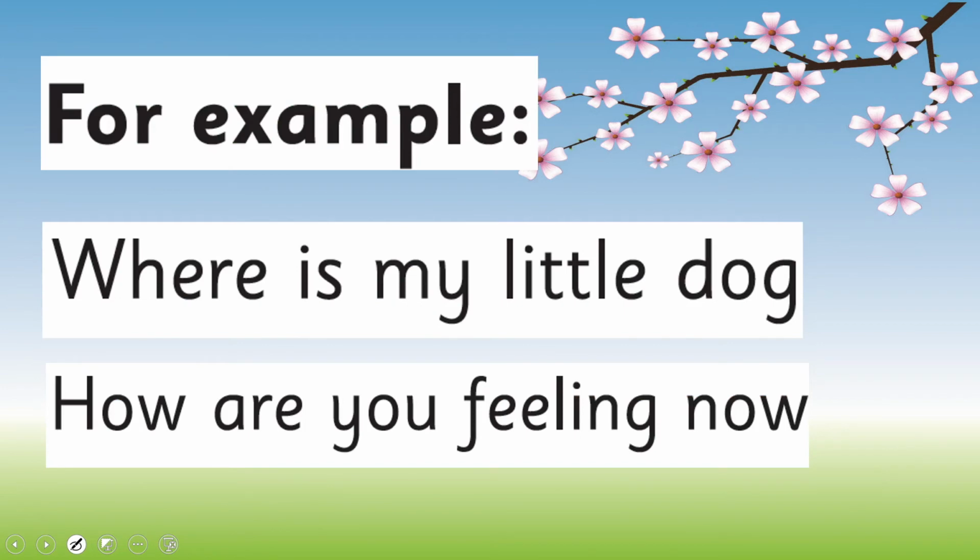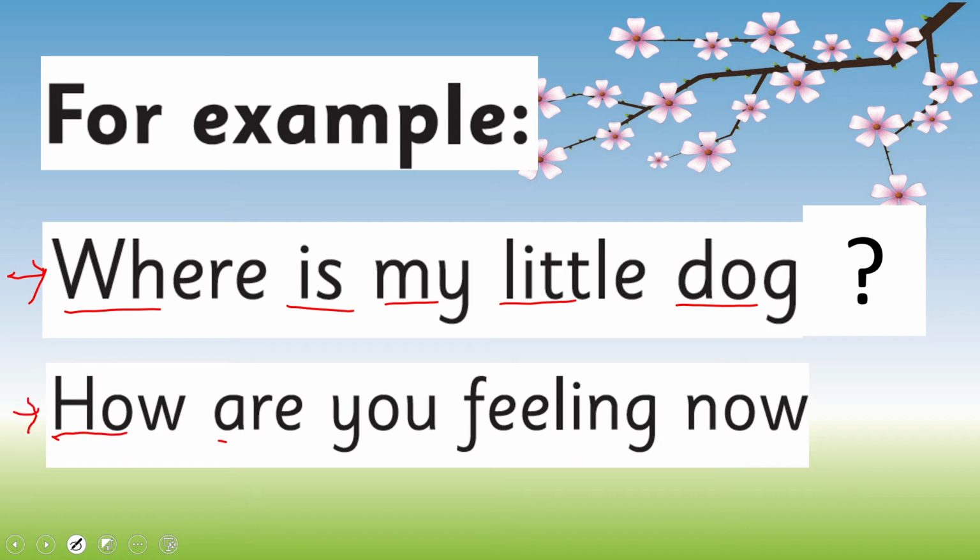So, here examples are given. Where is my little dog? Okay. So, where is my little dog is a question. That's why we will put a question mark at the end of this sentence. The next is, how are you feeling now?